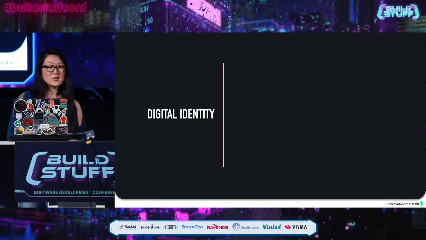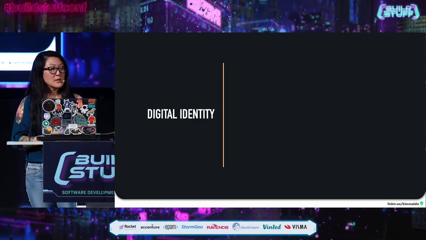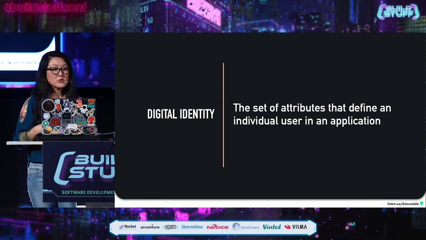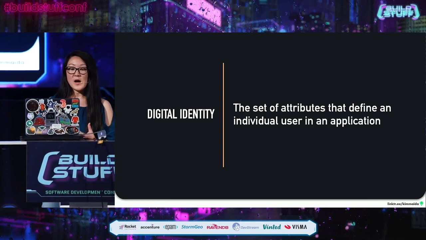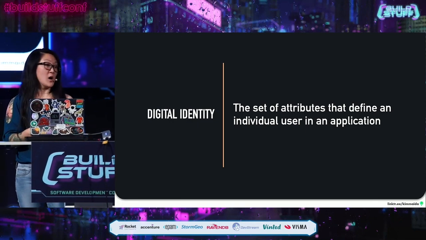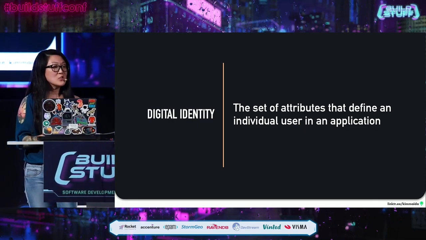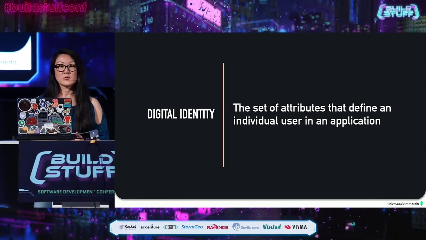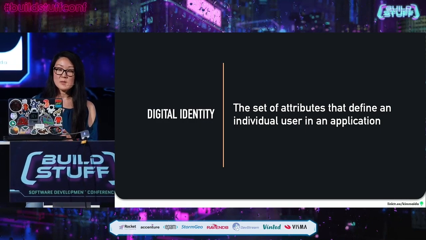So let's begin with digital identity. Digital identity refers to a set of attributes that define an individual user in the context of the function being delivered by a particular application. So for example, let's say that you're an online shoe retailer. The digital identity of your users might consist of something like their credit card number, their shipping address, and maybe their purchase history.